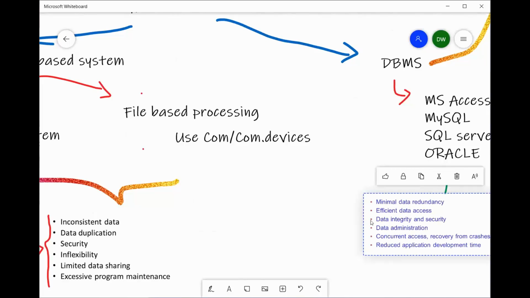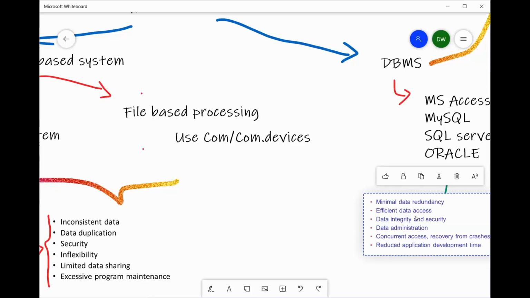For example, when we talk about data duplication, here we do not have data duplication. That's why we say minimal data redundancy, right? The same data does not repeat again and again, right? And when we say file-based processing is inflexible, this is flexible, right? Because it is efficient.